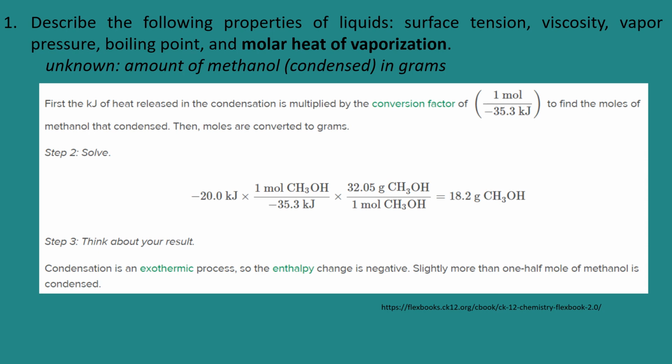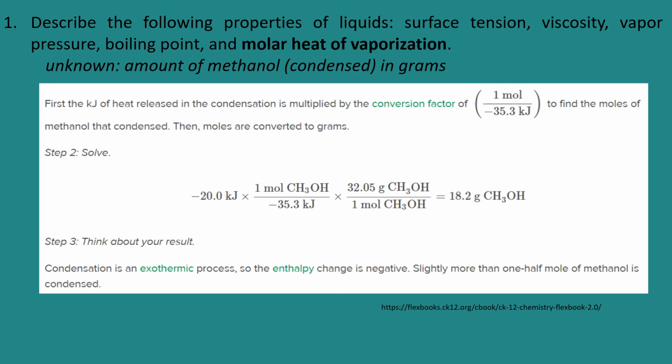Using simple calculation, kilojoules cancels, then the mole cancels, and we are left with grams for the unit. So for the negative 20.0 kilojoules released in the atmosphere, it is equivalent to about 18.2 grams of methanol.